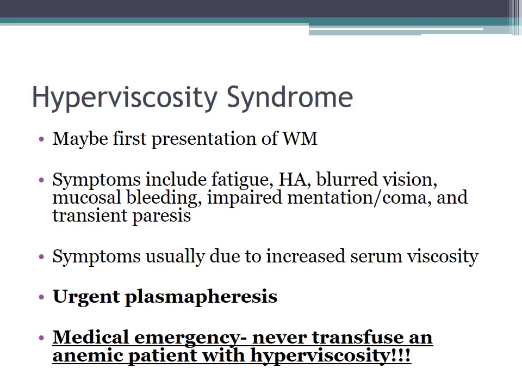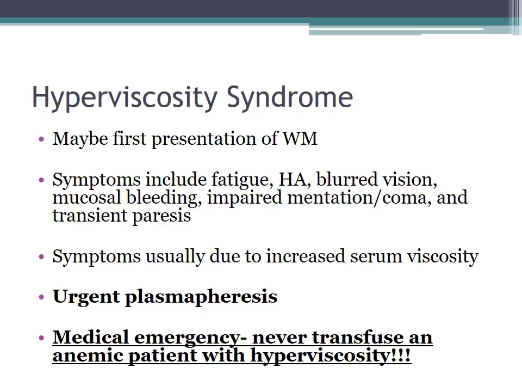The most concerning issue seen in patients with lymphoplasmacytic lymphoma is hyperviscosity syndrome, which is an increase in the serum viscosity. This is due to increase of circulating plasma proteins, and in this case it's specifically IgM. Hyperviscosity syndrome is seen in about 10 to 30% of patients with lymphoplasmacytic lymphoma.